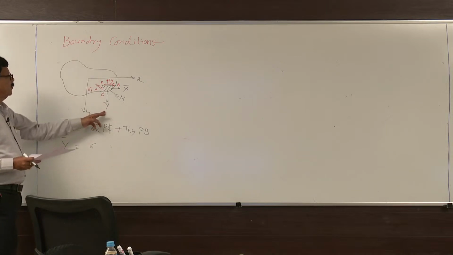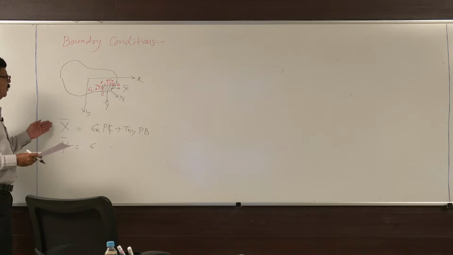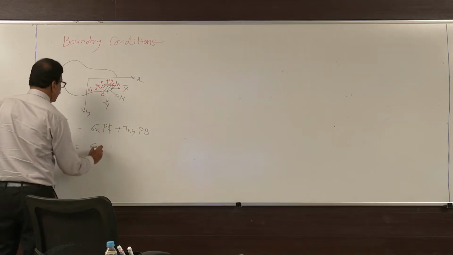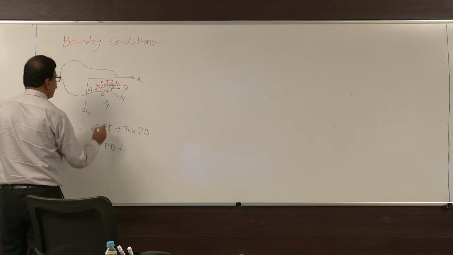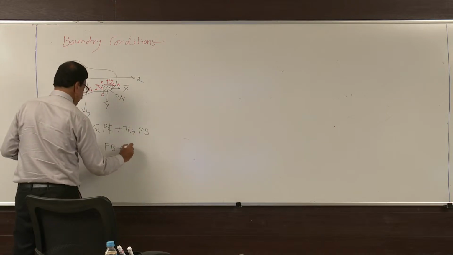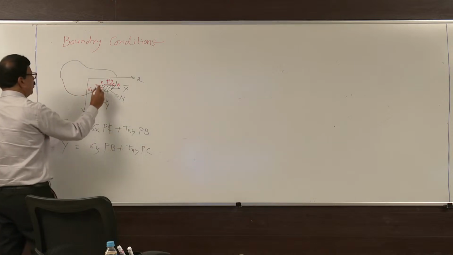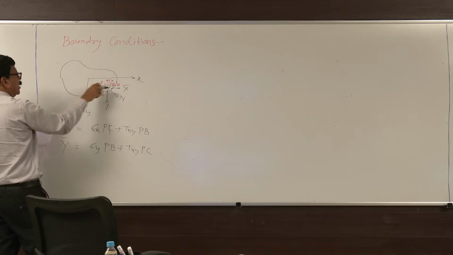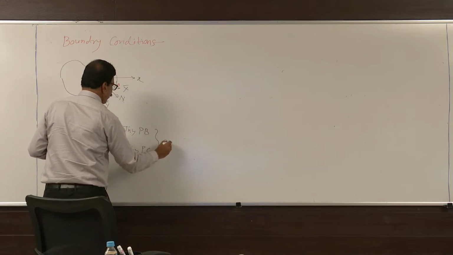Y bar is equal to, the opposite forces are the same: sigma y into PB, and tau xy into PC. These are the two forces in the x direction and these are the two forces in the y direction. This is equation 20.